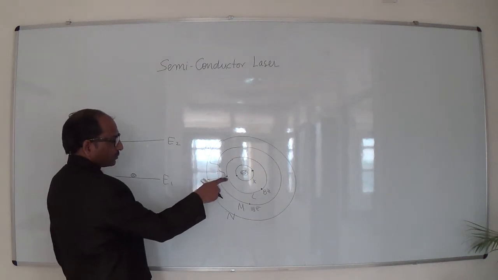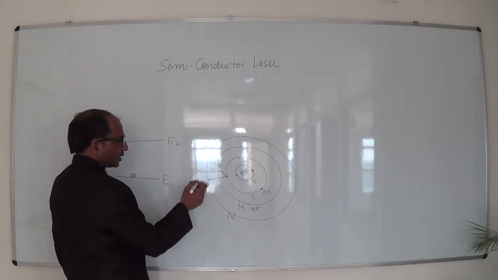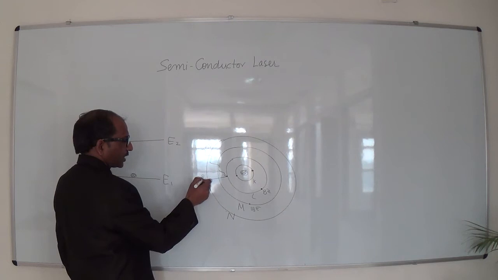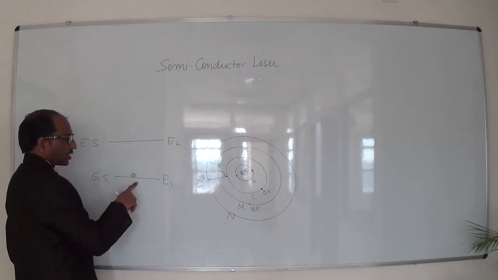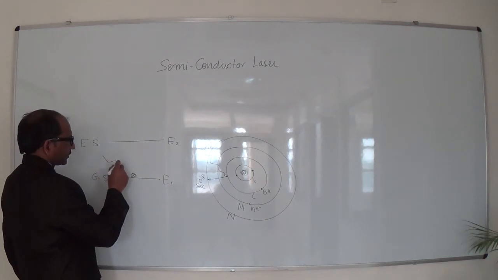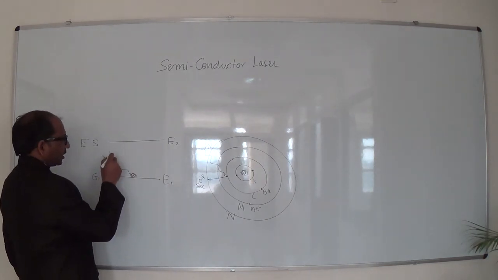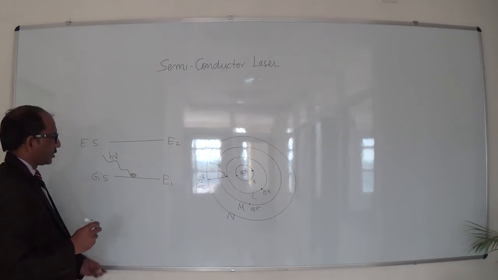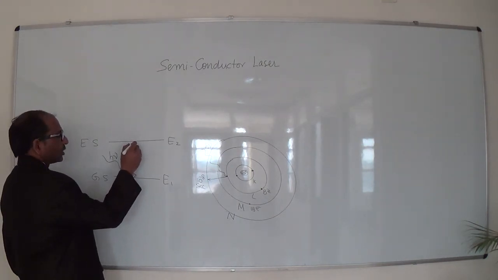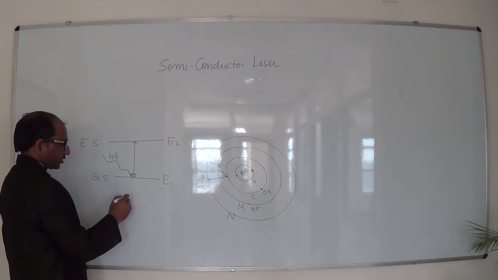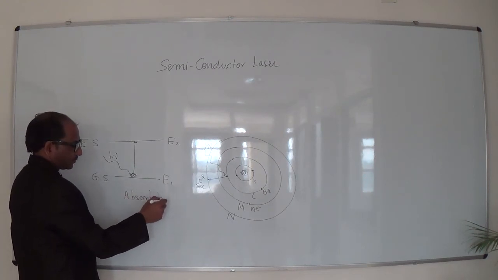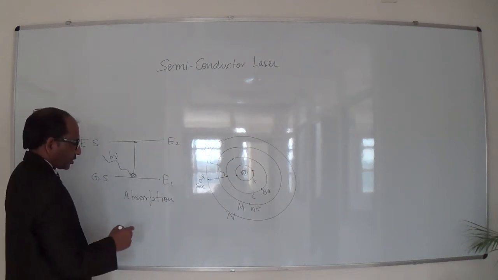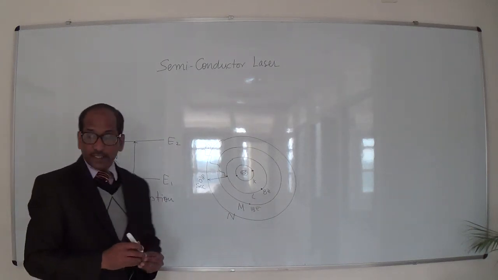When the electron absorbs the energy, it will stay there up to 10 raised to power minus 8 seconds. This atom absorbed a photon of h nu energy and goes into the excited state. This is called absorption simply, or sometimes stimulated absorption.